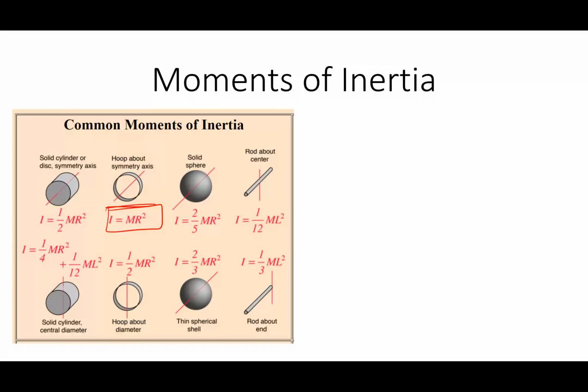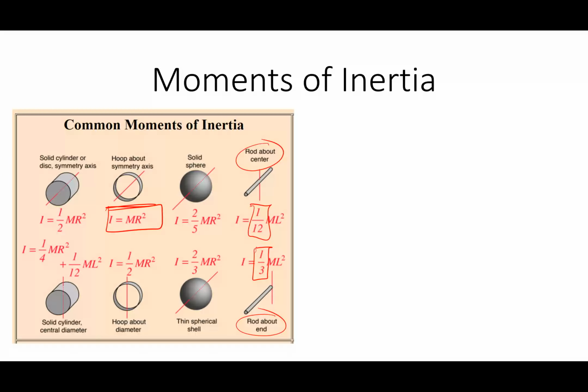And as you can see, we have a rod about the center, a rod about the end, and what you're really looking at here are these fractional values out in front of the mass and the radius or the length squared, whichever it is for them. So all of these have pretty much the same formula.